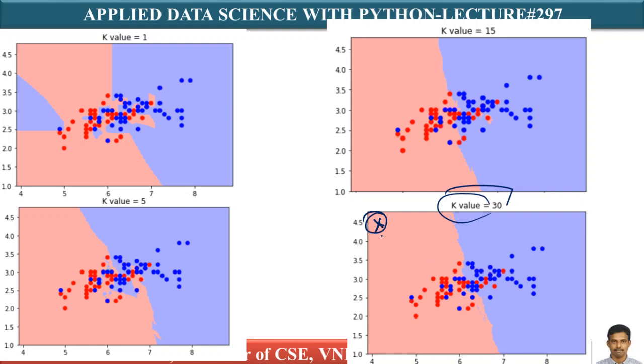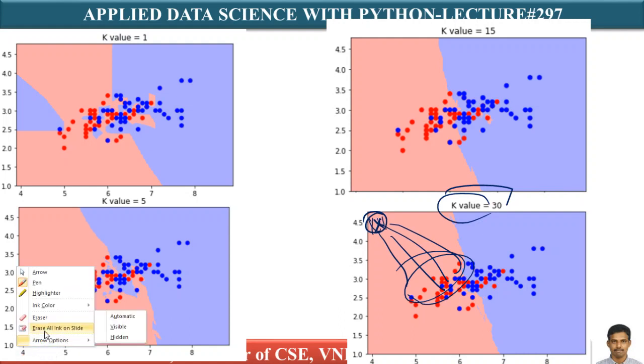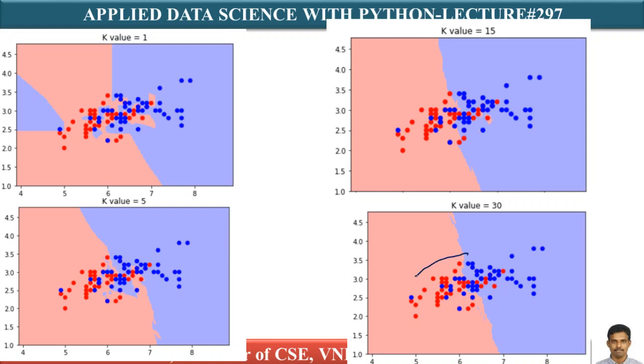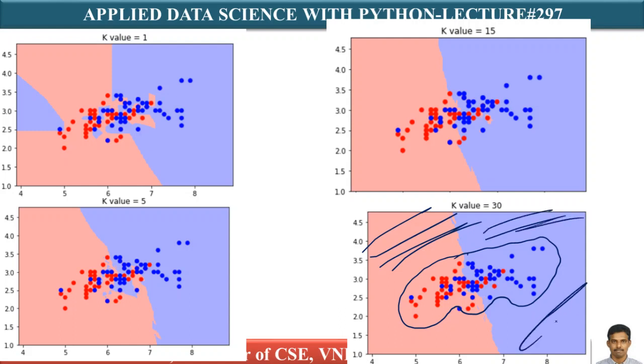Since k equals 30, we are searching for 30 neighbor points. As the majority of those 30 points are blue, we are marking it as blue. But strictly speaking, your data is only here. In this particular region, you don't have data at all.